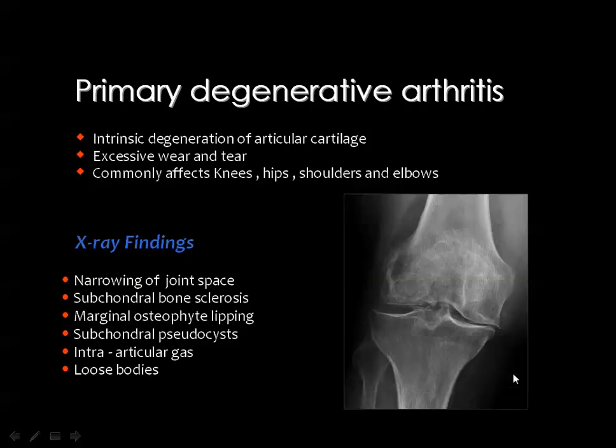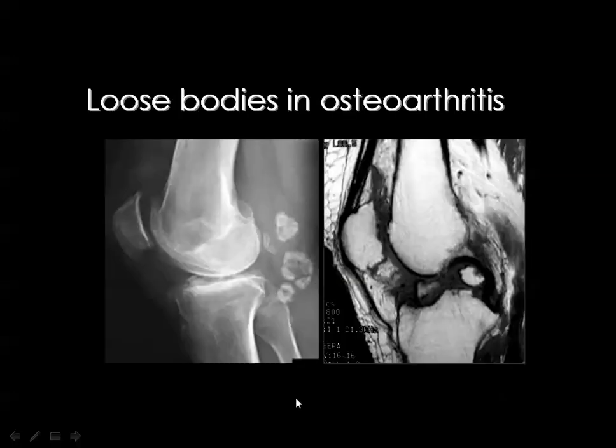Then, this is an appearance of osteoarthritis of the knee. There is significant narrowing of the medial compartment of the joint space, subarticular bone sclerosis, osteophytic lipping, and intra-articular air. And by X-ray you can also see the calcified loose bodies in the posterior compartment of the joint.